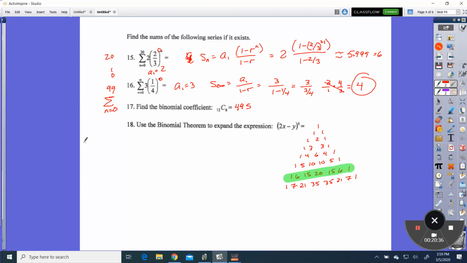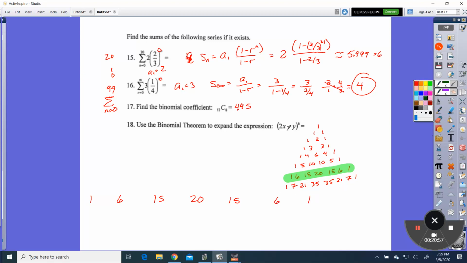So I'm going to write those down: 1, 6, 15, 20, 15, 6, 1. So that's that row of Pascal's triangle. Now I come to this.